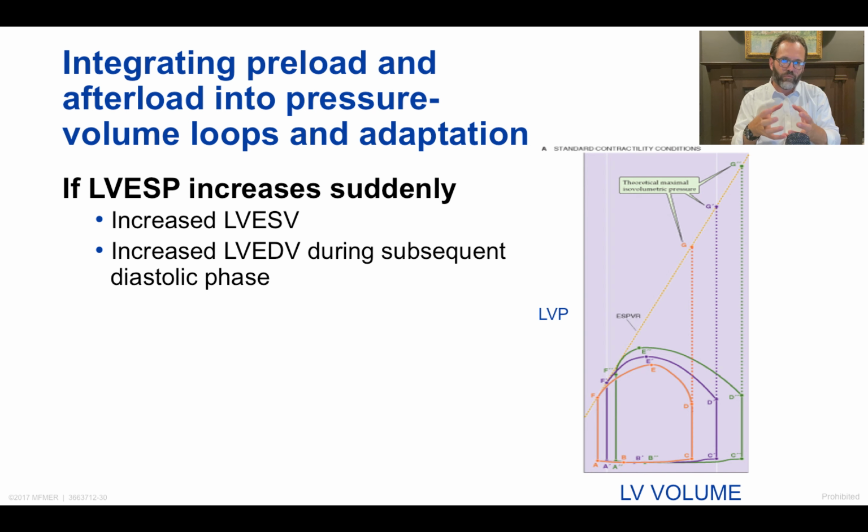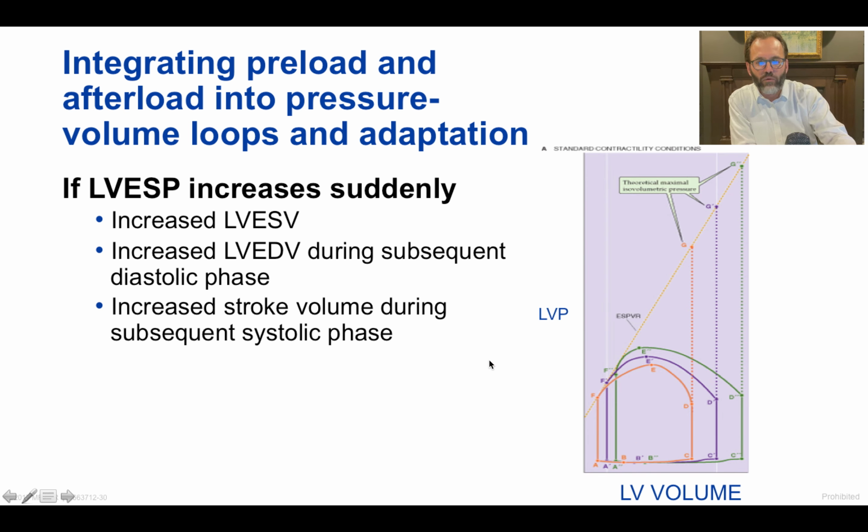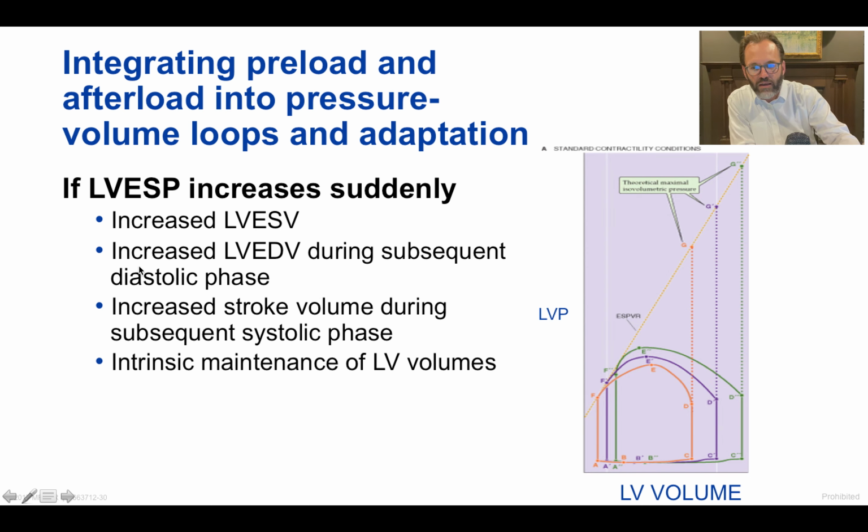So if you bump up that end systolic volume a little bit, then it's going to fill proportionally higher based off a constant pulmonary venous return, and that will result in that increase in end diastolic volume during the subsequent diastolic phase. That will increase stroke volume during the subsequent systolic phase via that Frank-Starling mechanism, and this is, in fact, the mechanism whereby we have intrinsic maintenance of left ventricular volumes.